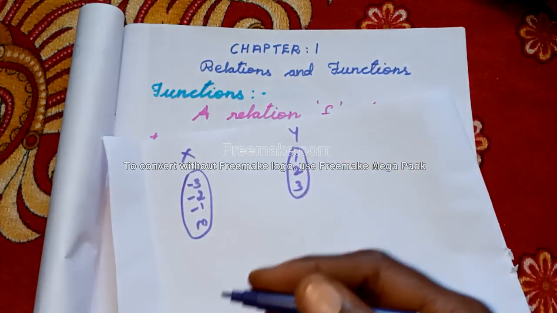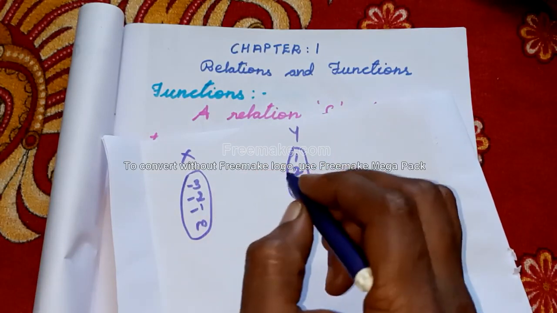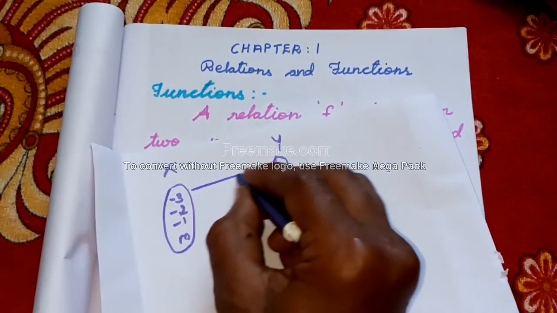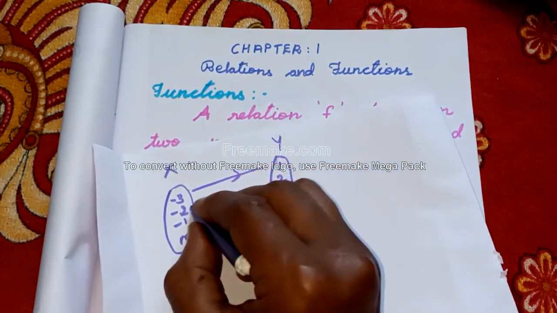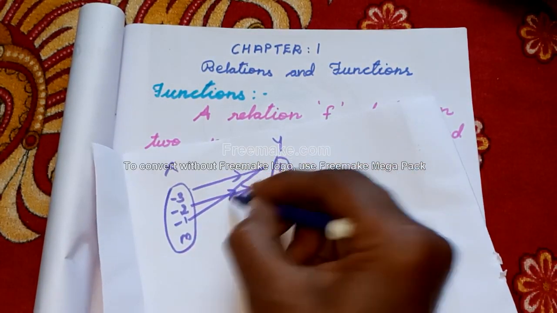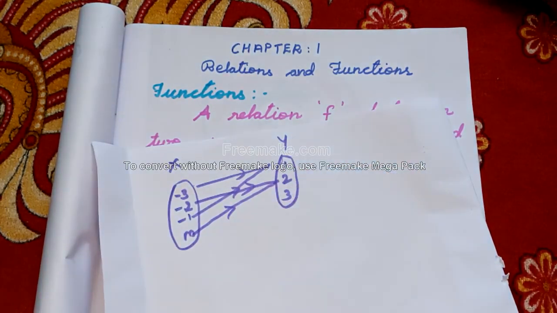With the arrow diagram I am explaining. One relation I am giving here: (-3, 1), (-2, 2), (-1, 1), (m, 2). It is one of a relation.